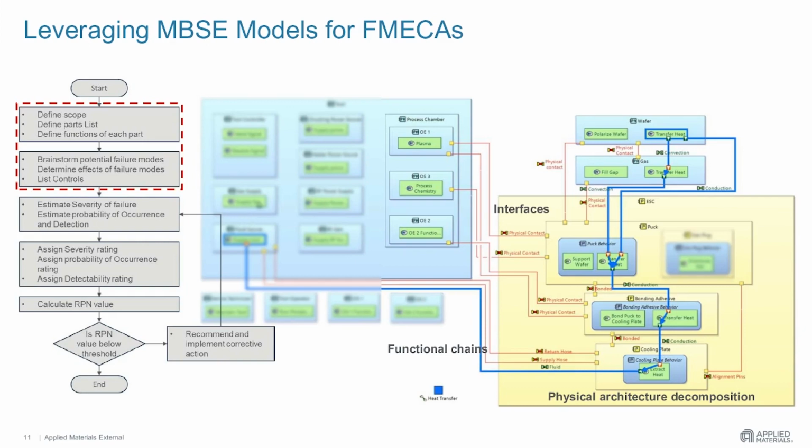Then the third item is defining the functions of each part, right? And this is where, as I was talking about today, it's an inefficient process where we spend the first few meetings as a project team just trying to define each of those functions and assign them at the part level. Now, if we have followed the Arcadia methodology, we've done the operational analysis where we define the operational capabilities and operational activities.